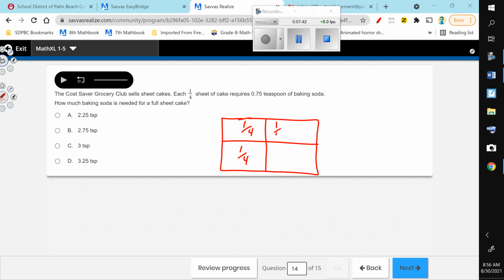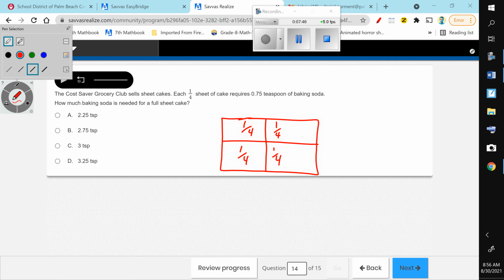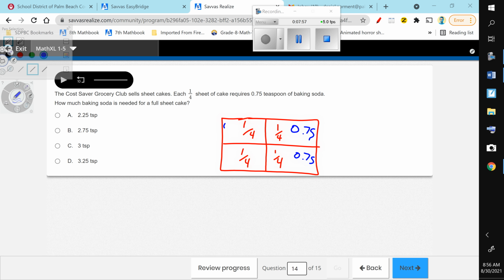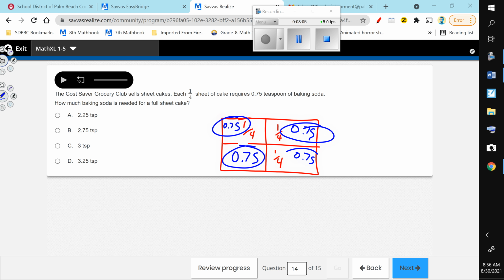So that's what we have right here. And it says each section requires 0.75 teaspoons. So, add up these 4 numbers, and whatever you get is your answer. And that's how many teaspoons of baking soda is required.